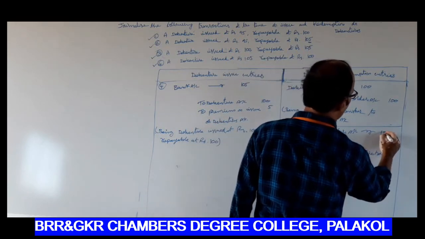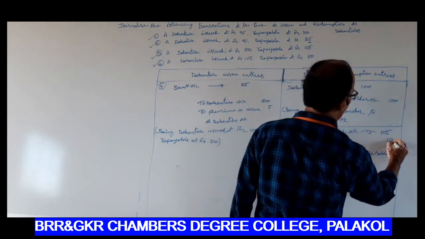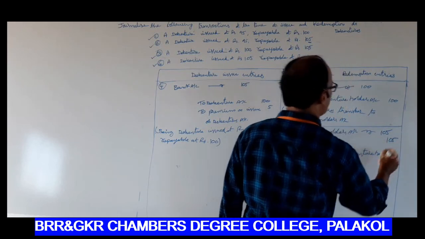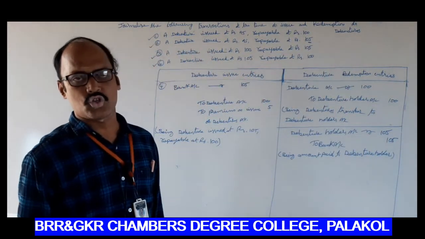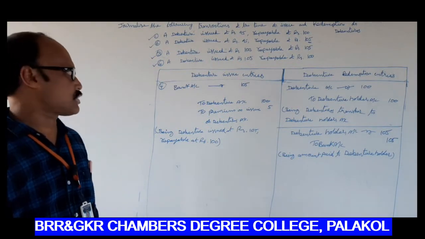How much amount? 105. This is the general entries at the time of issue and at the time of redemption of debentures.